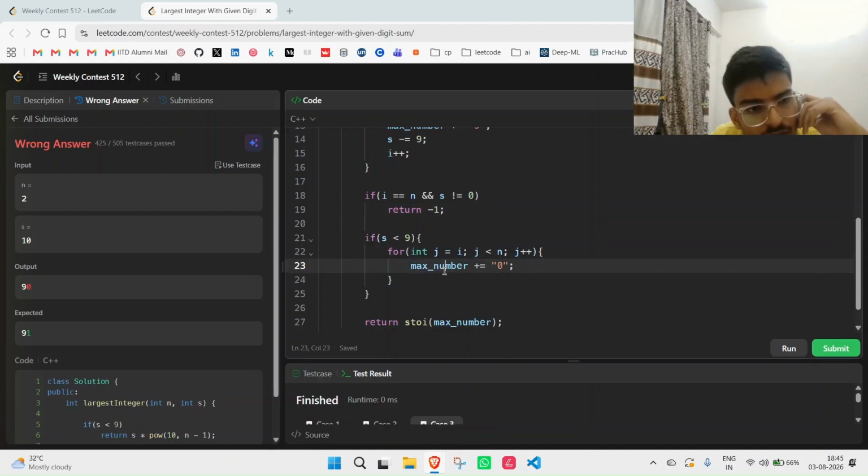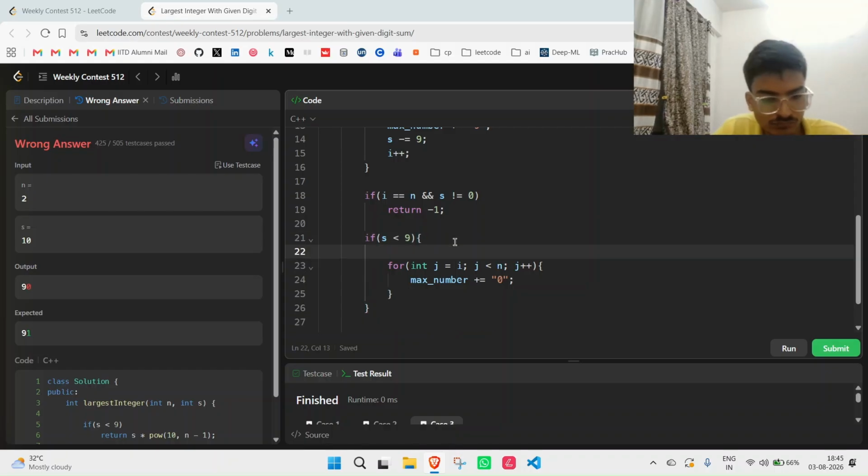It won't append zeros, it will append 1. Then S is 5, it will append 5.